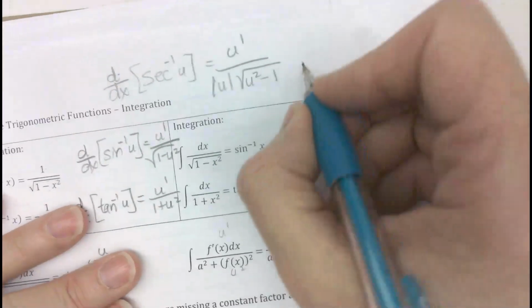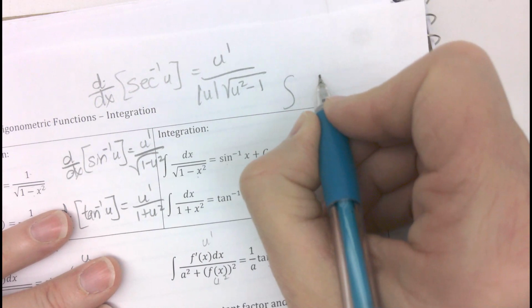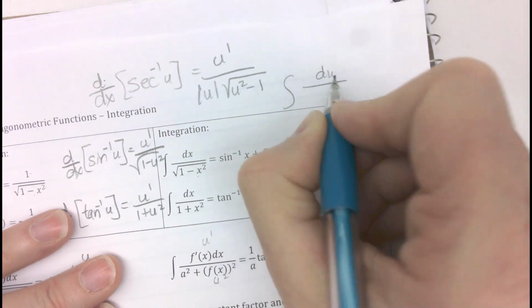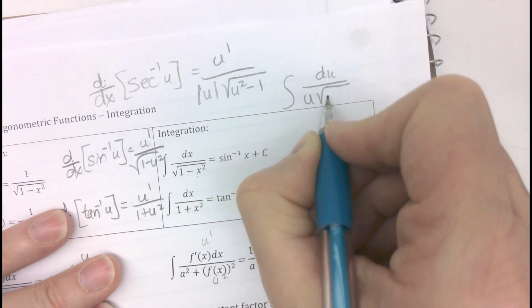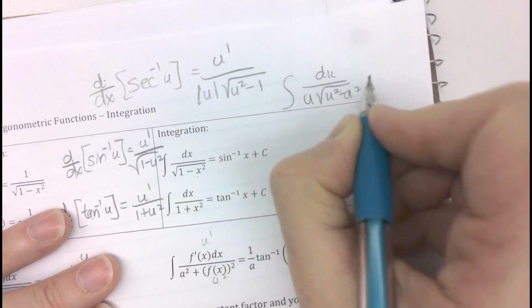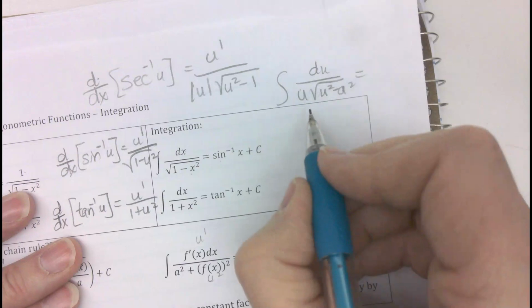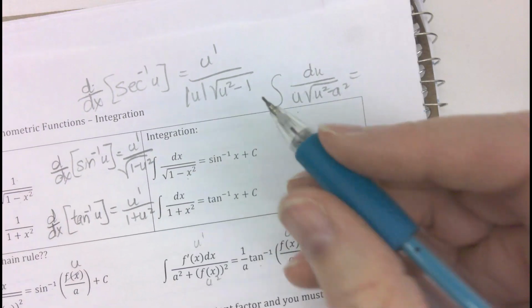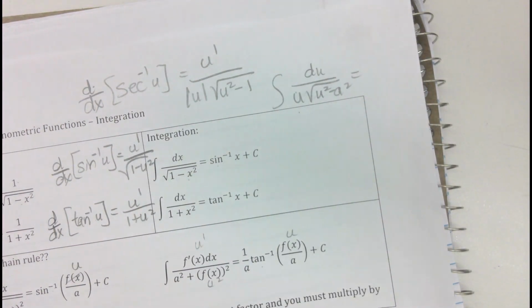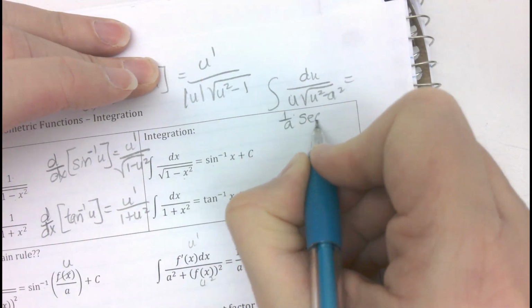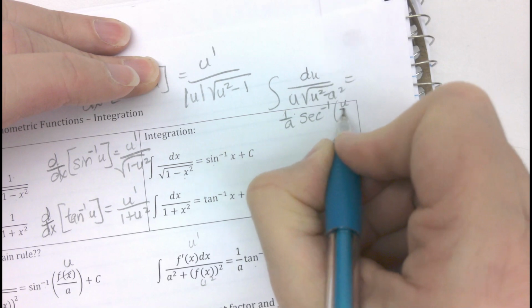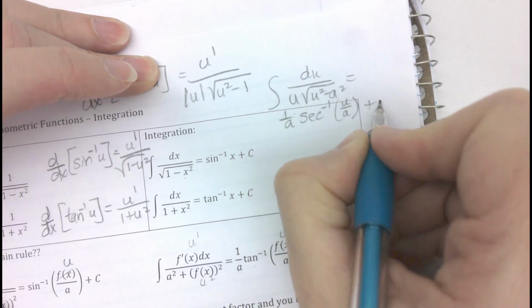So the integral of du over absolute value of u square root of u squared minus a squared would be still 1 over a, right? Yeah. 1 over a arcsecant of u over a plus c. I think it's an absolute value, isn't it? Yeah.